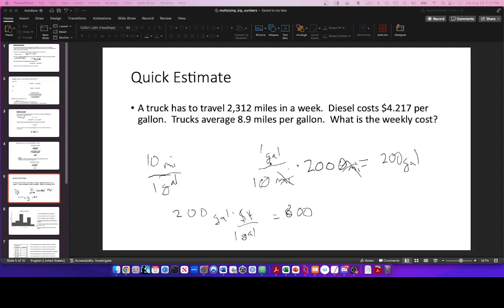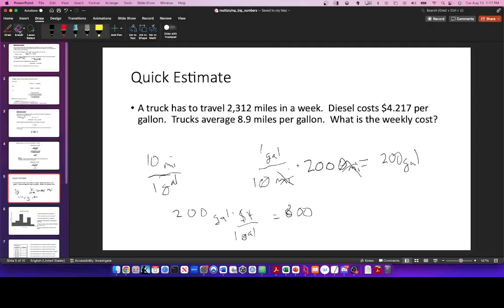Likewise, every 1 gallon of gas gives us 10 miles, so write it like this. Actually, let me clean it up a bit since I got ahead of myself. So 1 gallon is every 10 miles, and what we're going to do is multiply that by the 2,000.